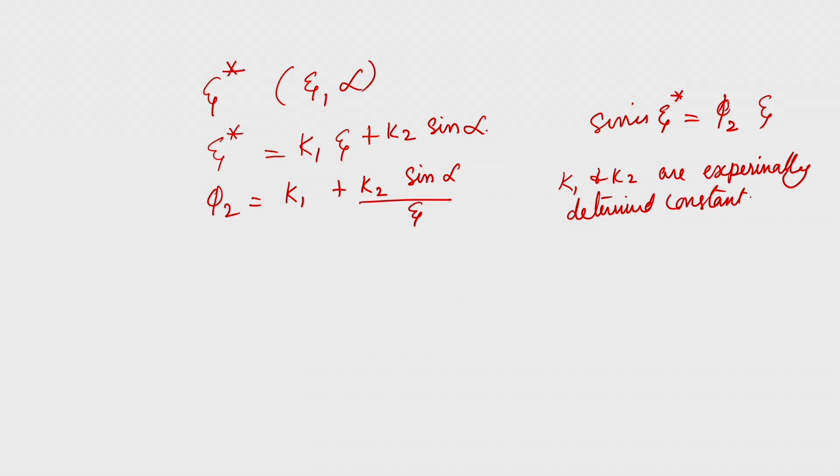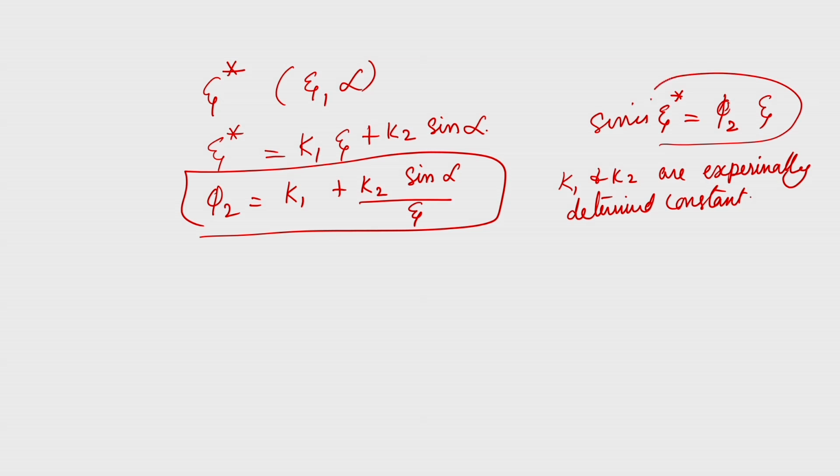The significance of this equation is that only 2 data points are required for one particular value of alpha. From this you can find the value of phi 2 with different strain values, and if you get 2 points, you can easily determine K 1 and K 2, and hence phi 2 can be calculated.